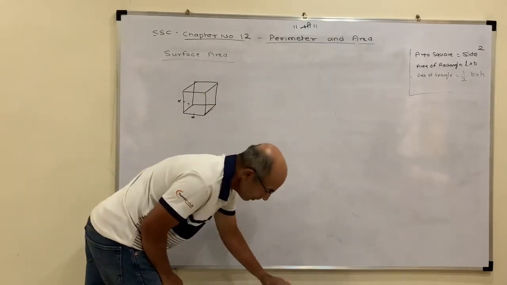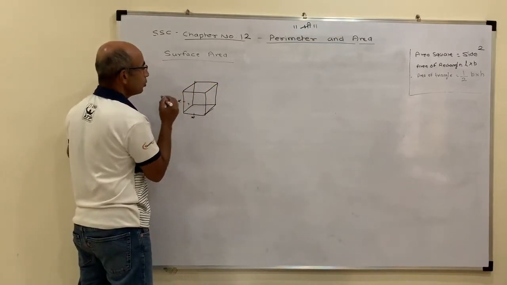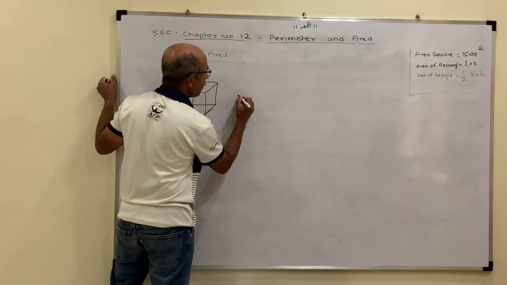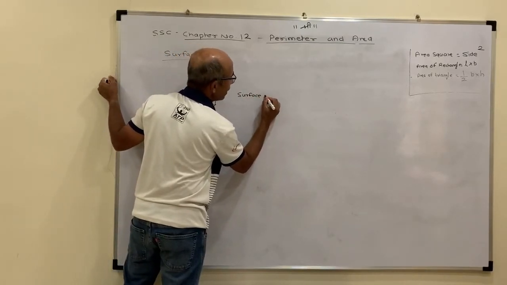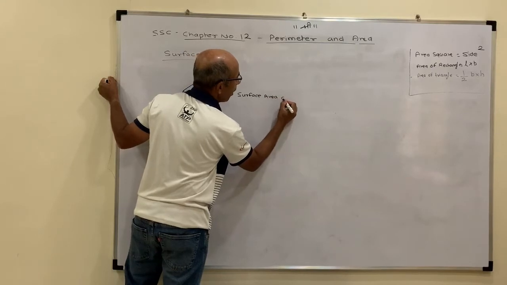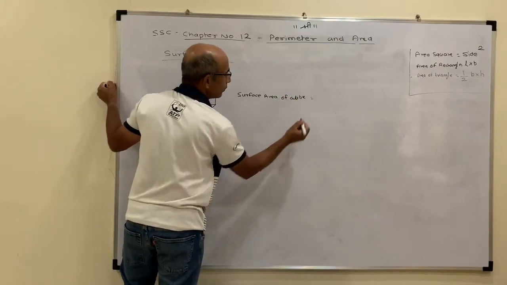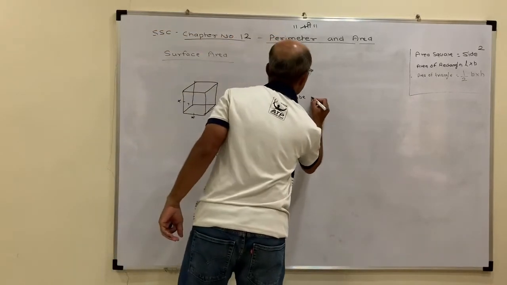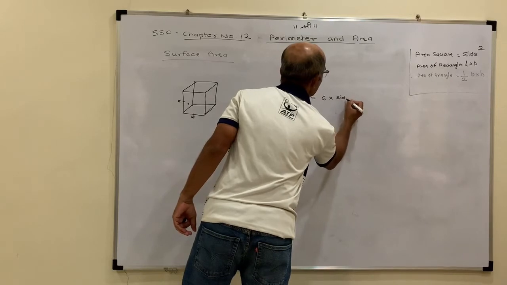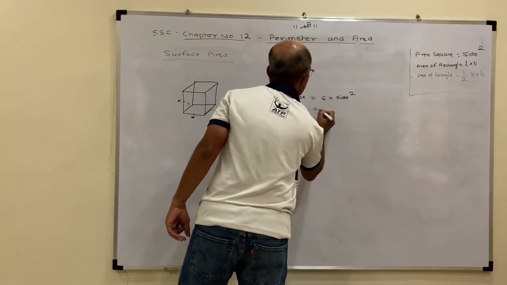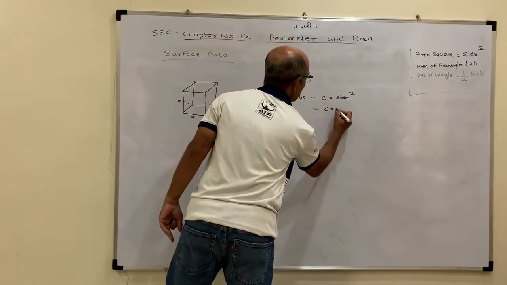So, in similar manner, if we see this is my cube, my surface area of cube is equal to 6 into side square. So, if my side is x, then it will be 6 into x square.